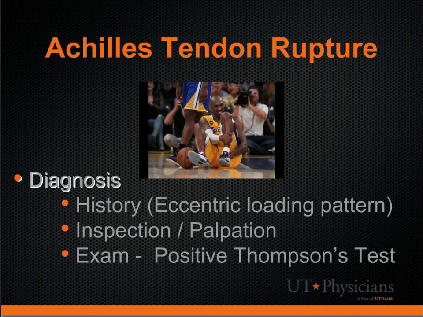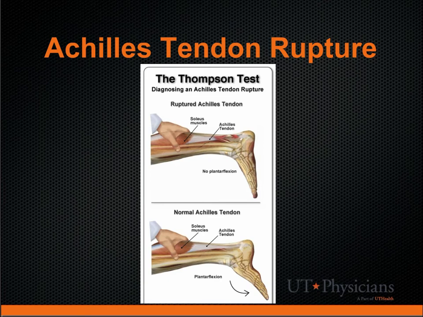On examination, these folks usually have a palpable defect. You can feel the actual spot where the Achilles tendon ruptures. And then a very common test that's very helpful is what's called the Thompson's test. In this, you would take the calf and actually squeeze the calf muscle and passively watch the foot to see if there's any plantar flexion.